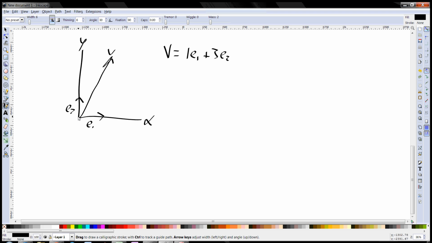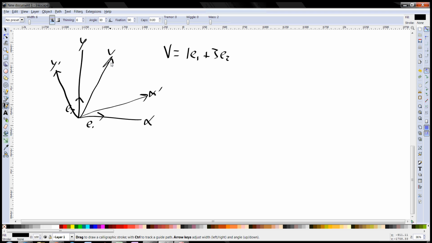Now, if we establish a new coordinate system superimposed over that old coordinate system, so let's say we've got now X prime and Y prime, the equation for this vector V can no longer be described as 1 E1 plus 3 E2 because its location with respect to the new coordinate system has changed.